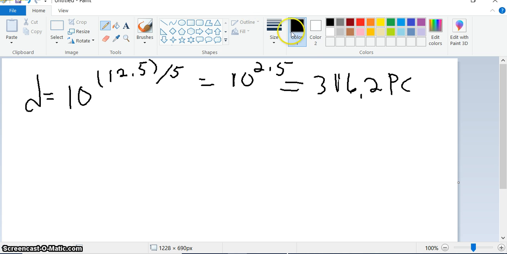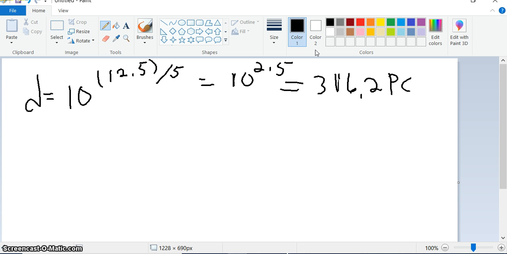All right, let's set up the next one. It says use the data in figure 17.7 to calculate the greatest distance at which a star like the sun would be seen: A, with binoculars; B, with a 1 meter telescope; C, with a 4 meter telescope; and D, with the Hubble Space Telescope.